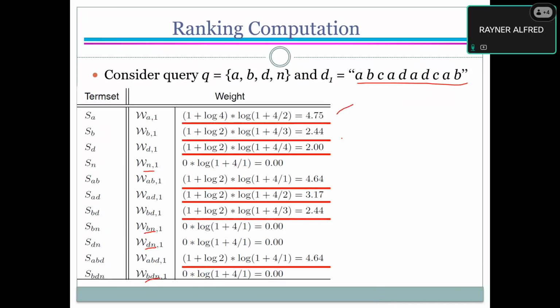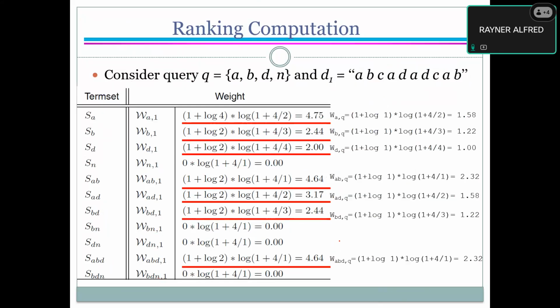So we will only count this 1, 2, 6, and 7. So 7 term sets will be considered. So this is the weight of the term set with respect to the document.